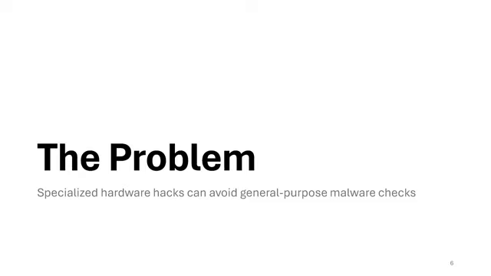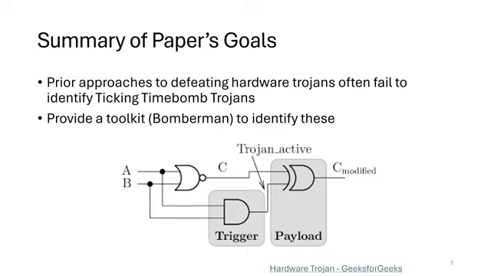There are already some existing approaches, but these general-purpose hardware malware checks often fail to find very specific, specialized hardware attacks. So this paper is focused specifically on ticking time bomb Trojans, how to detect all forms of them. It provides a toolkit to identify them for further review.